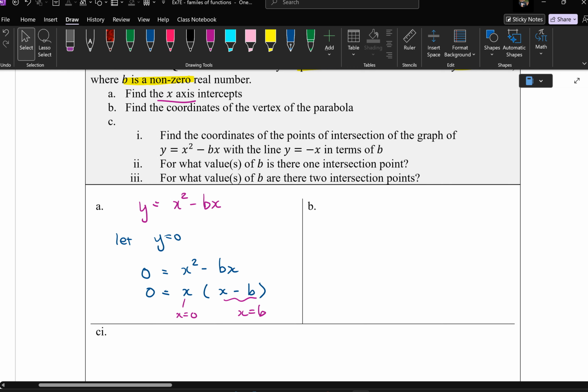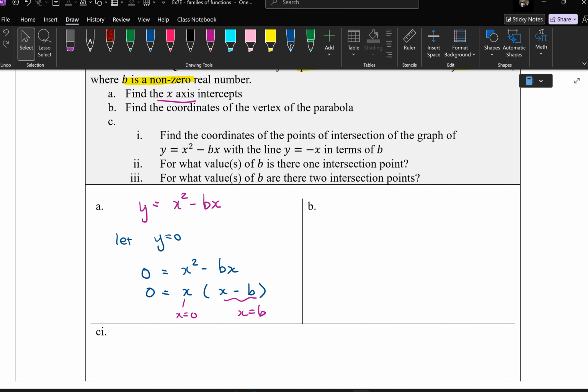Do you have to write like y equals 0? I normally do, especially when you get to derivatives. If you just let something equal to 0 without saying, stationary points occur when derivative dy dx equals 0, they do penalize you there. So if you went from that line to a derivative equation with 0, they do. So out of habit, I usually do that, just in case they penalize me.